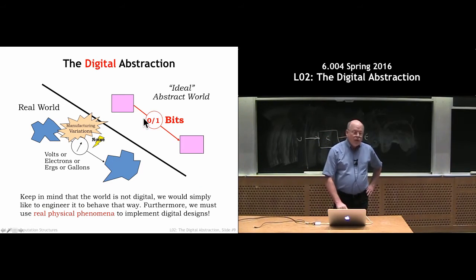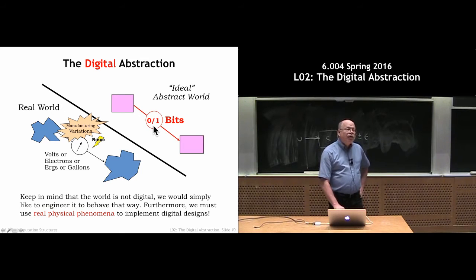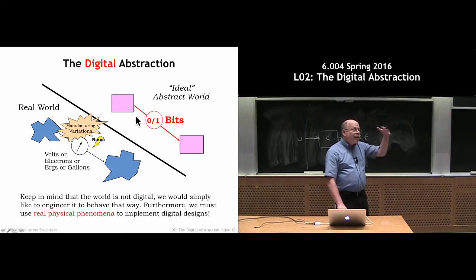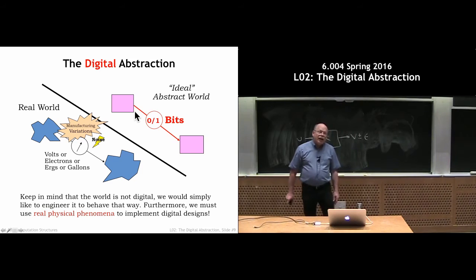What we're going to do is, instead of thinking of an analog voltage on a wire, think of bits on the wire. In fact, we're going to put one bit on the wire. And we're going to take our analog world of time and voltages and create an abstraction, an abstract digital world that basically only has zeros and ones in it.